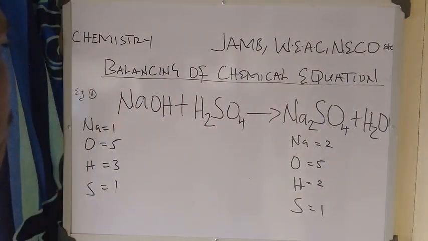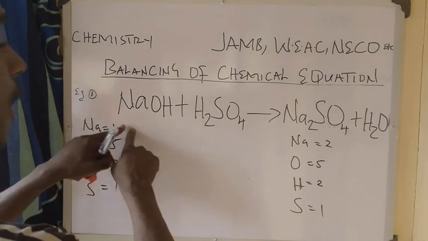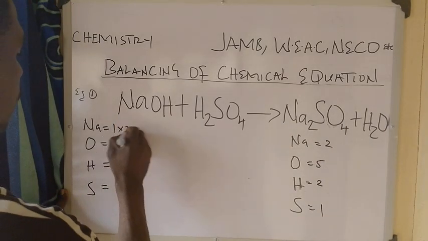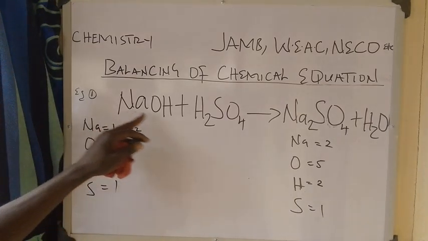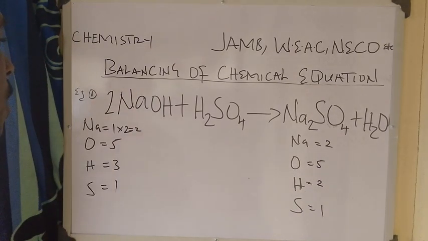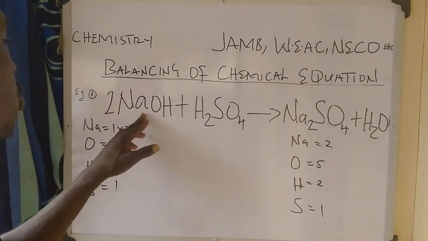So now, you remember I told you that this is 2, this is 1. So what number can I multiply this one by to give me this 2? I can multiply this one by 2. So if you multiply this by 2, you have 2. So sodium is 2. So you add the 2 here. Now, if you add these 2 here, it means you have 2 sodium.